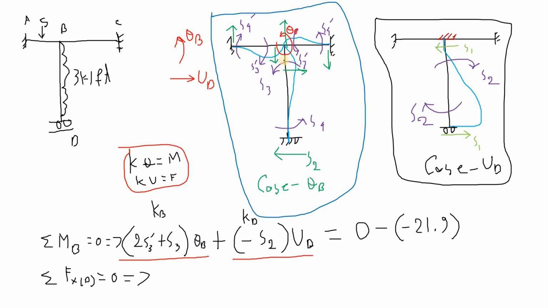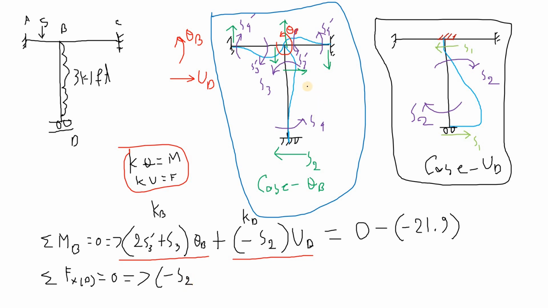So here you can see at B point in this diagram, the force is S2, and that S2 force is moving in the negative direction. So that is why this is going to be a negative S2. There we go, a negative S2.